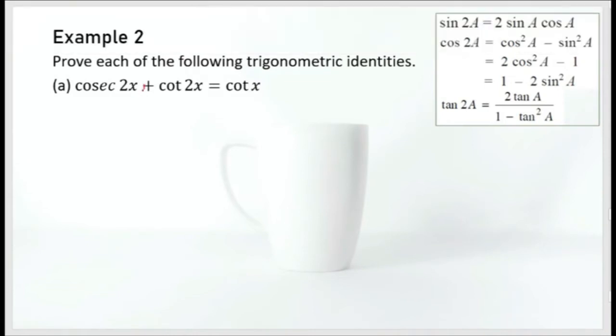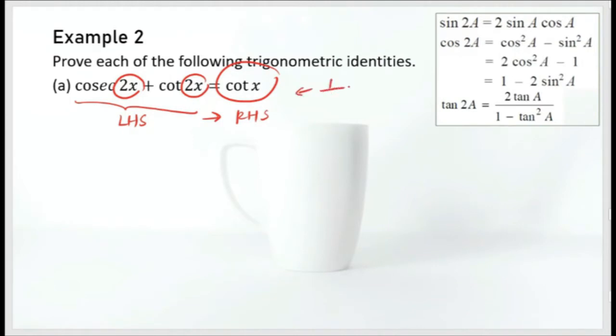See, double angle. So we have to prove from left hand side to right hand side. Our final answer, you have to prove until your answer is equal to cotangent x. Cotangent x is 1 over tangent x.